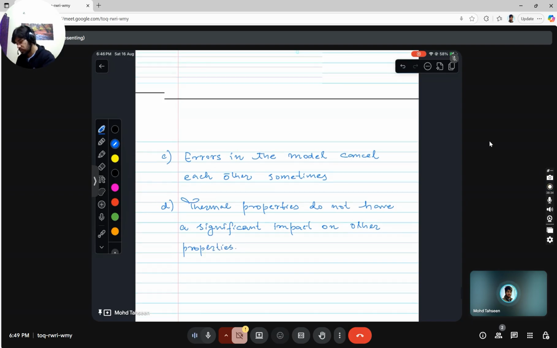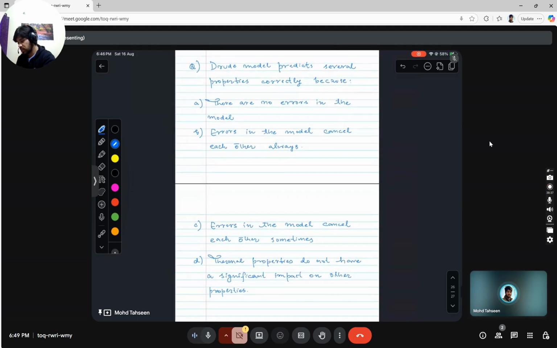So this question is based on the limitations of the Drude model, as we discussed in the beginning of this session today. So the correct answer here is option B. Sorry, option C, right?